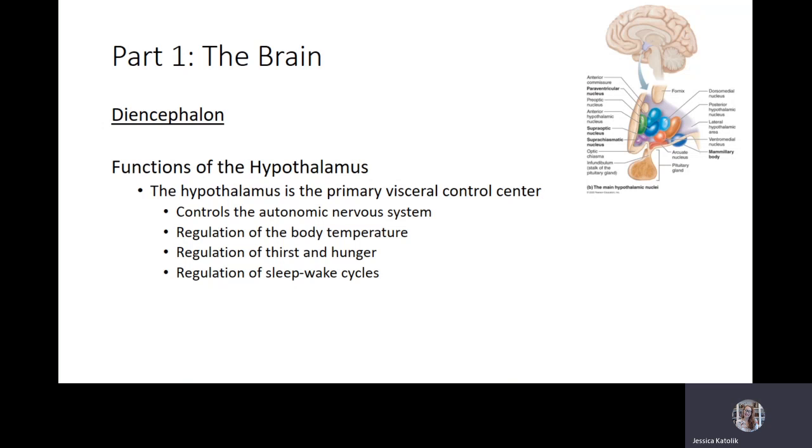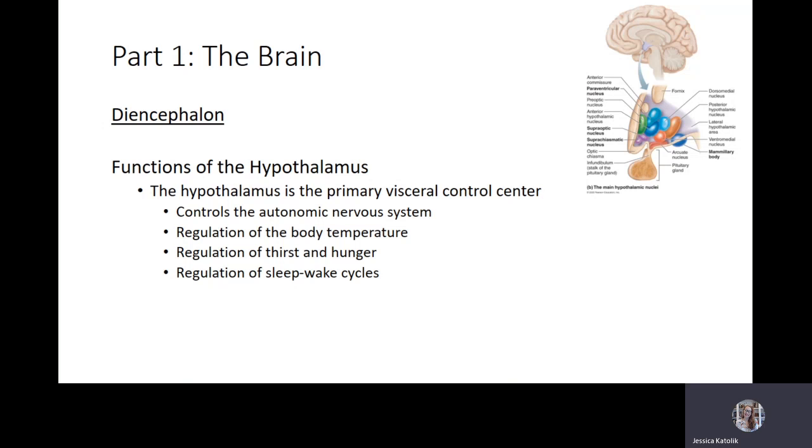So there are certain set points or ranges that are considered normal for the body, like a normal heart rate, normal body temperature, those sorts of things. And the hypothalamus is going to help regulate that environment.